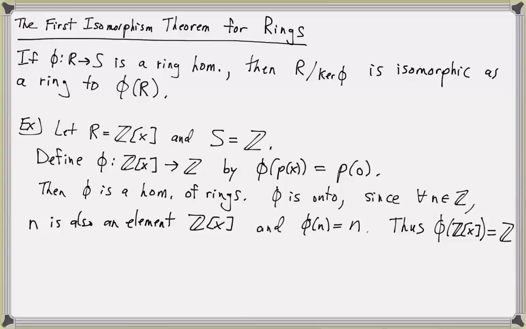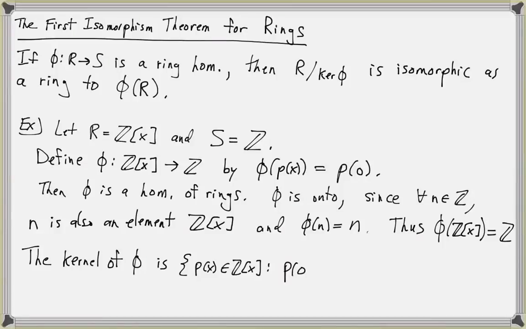Now the kernel of phi is the set of polynomials such that p of 0 equals 0. And we saw earlier this is the same as the multiples of x, and so this is equal to the ideal generated by x.